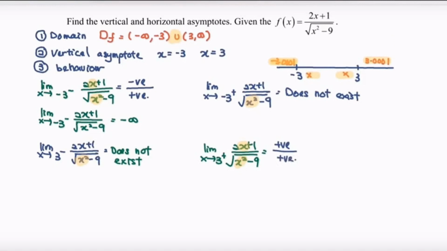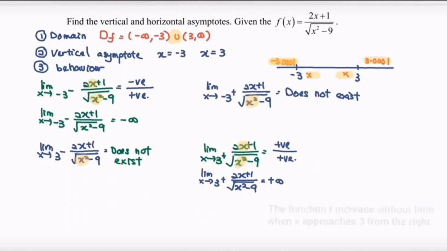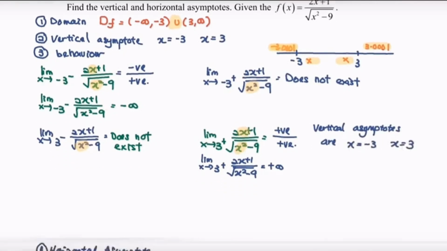So as a conclusion, the limit when x approaches 3 from the right for the function is positive infinity. It shows that the function f increases without limit when x approaches 3 from the right. So here we have the behavior and the vertical asymptotes: x equals negative 3, x equals 3.